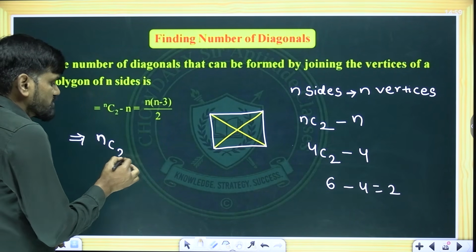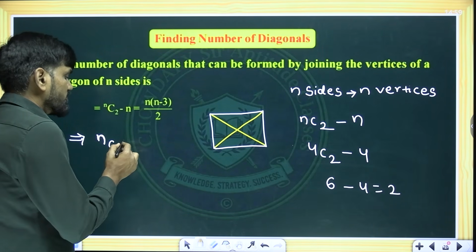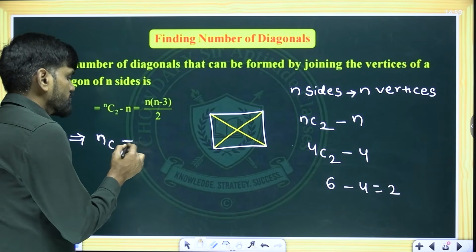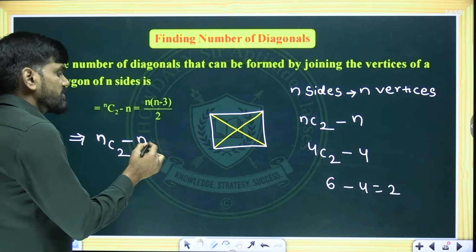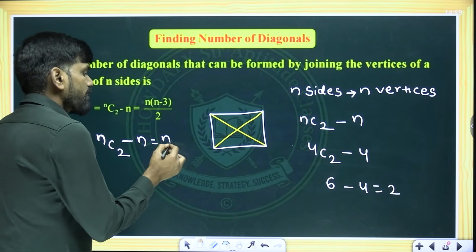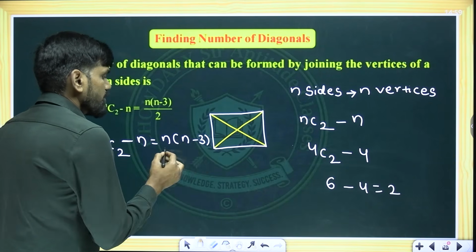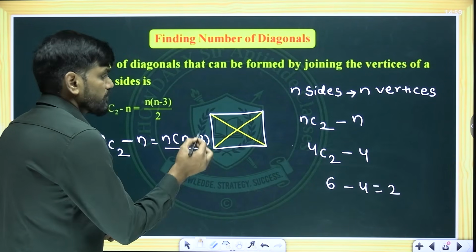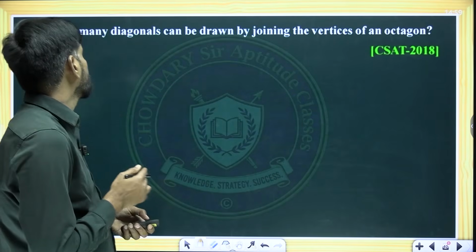Choosing any two vertices is leading to a diagonal. But in the process, I will be counting the sides also into diagonal. So, I just have to remove n from that. On simplifying that, you will get this one, that is n into n minus 3 by 2. Right, dear?